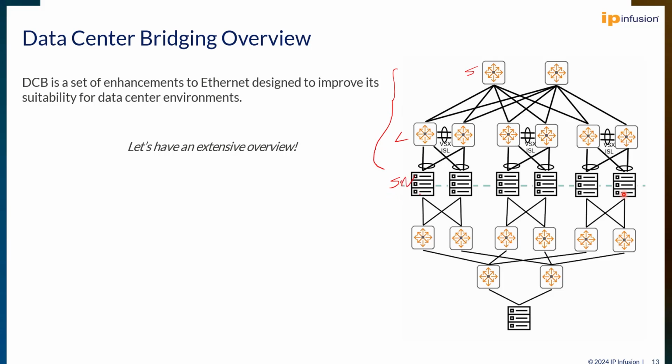But on the other hand, servers have other types of network adapters which they can use to connect to a storage area network. So up here we have the Ethernet network, and down here we have our storage network, which means that the nature of these two networks is totally different. Ethernet network is lossy in nature.